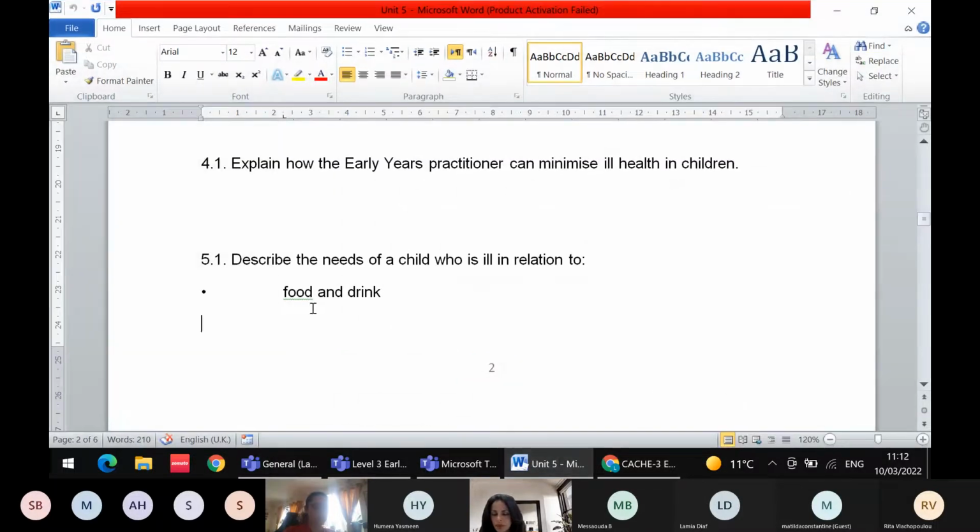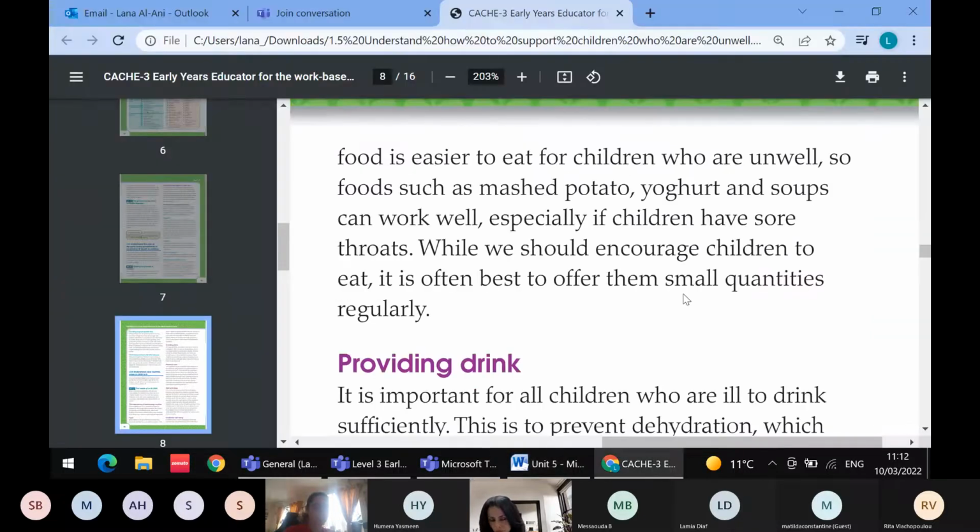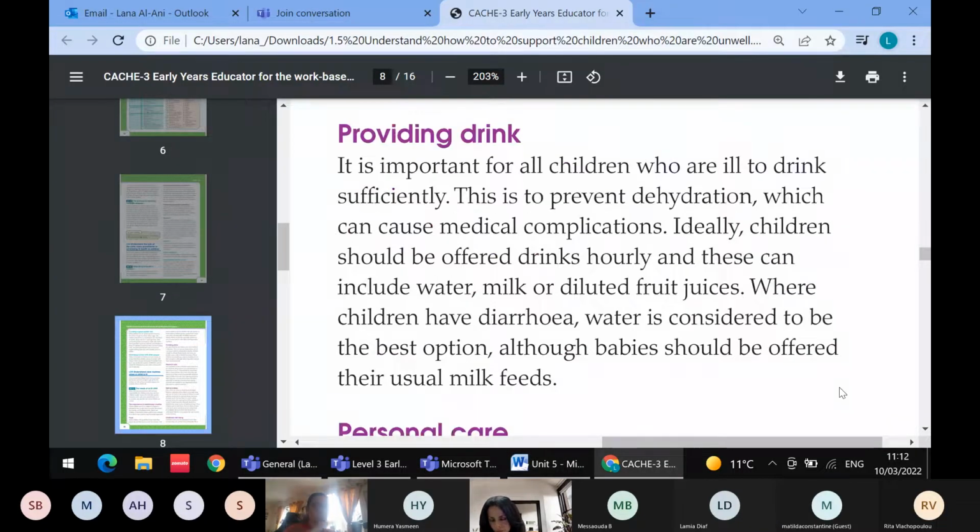How about drink? Because it says food and drink. How about the drink? Water, especially, we need water, because they get dehydrated. So we have to prevent that by giving them water. Any other things you can think of?